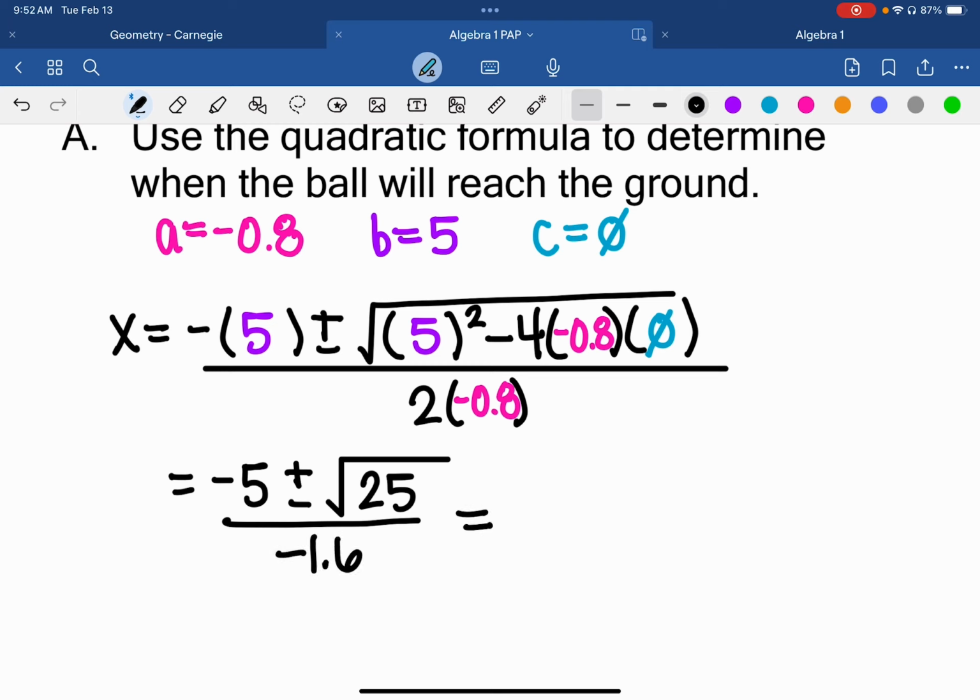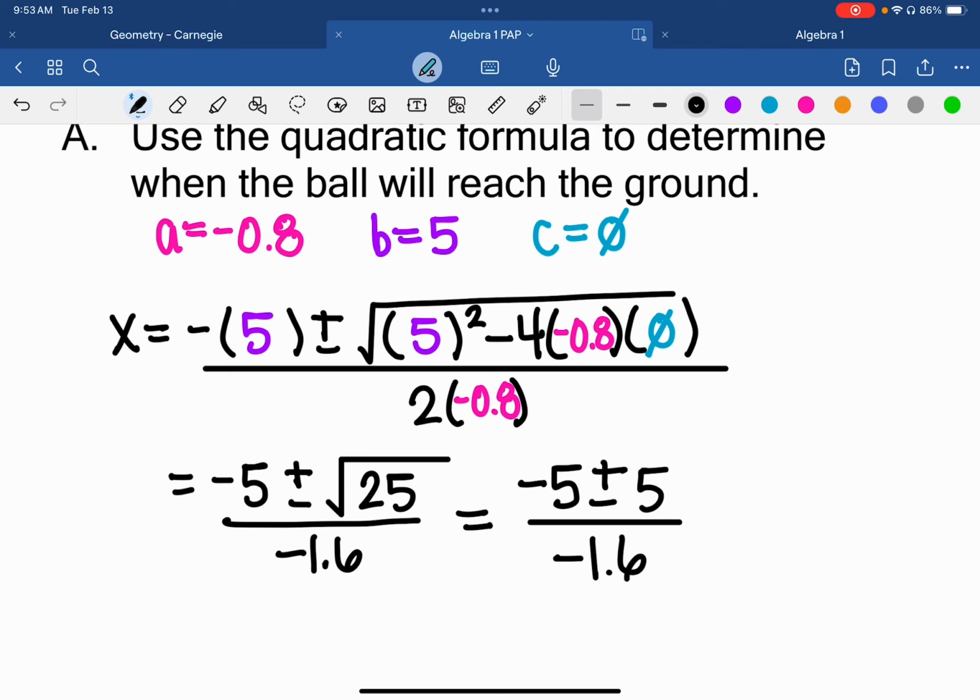I know the square root of 25 is 5, so I have negative 5 plus 5 over negative 1.6. Now, this one would not be left as an exact answer because the square root has disappeared.